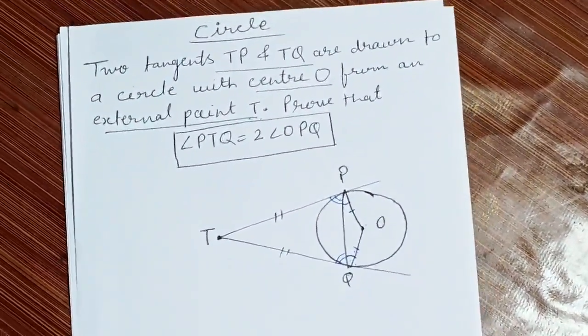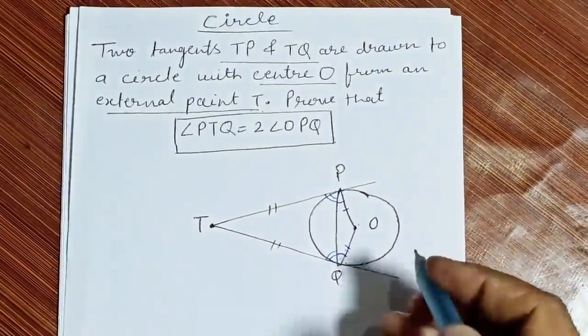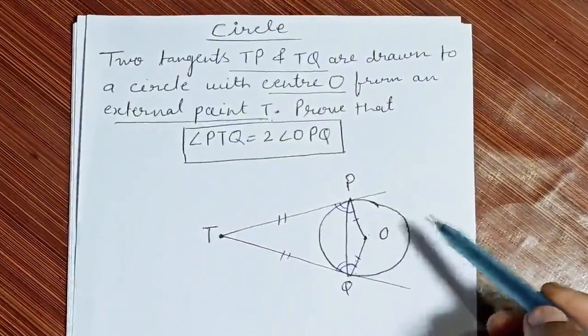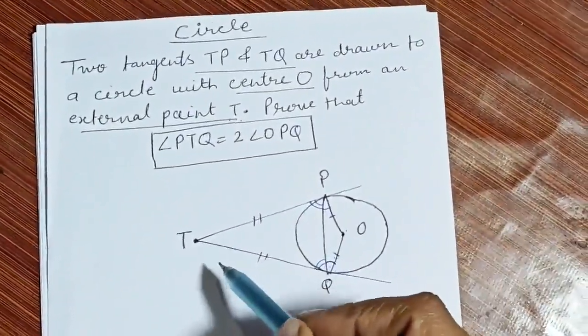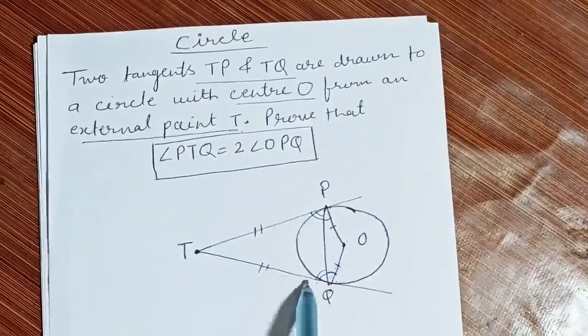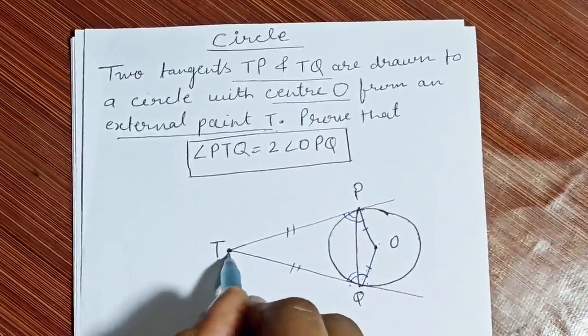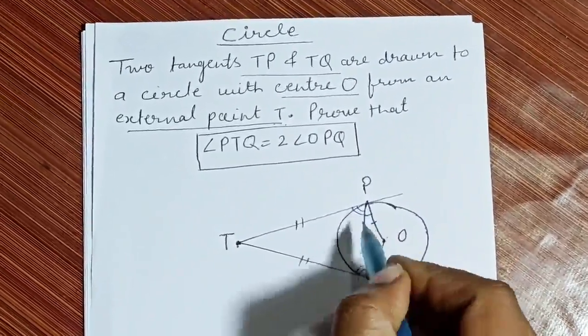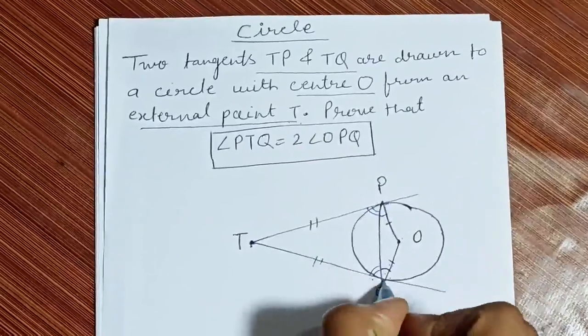Before starting to solve this, I am going to recall two theorems. The length of the tangents drawn from an external point to a circle are equal. So TP and TQ are equal.